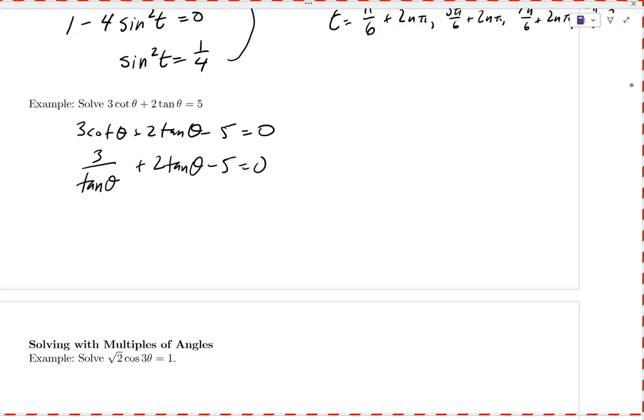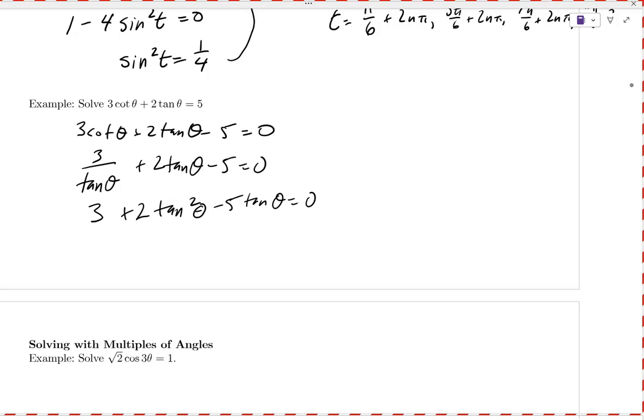And then what's next? Okay, multiply both sides by tangent. So it clears the tangent in the first term, makes the second term 2 tangent squared theta, and makes the third term minus 5 tangent theta.